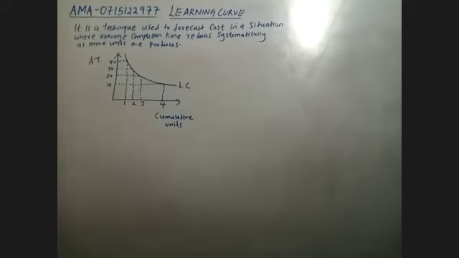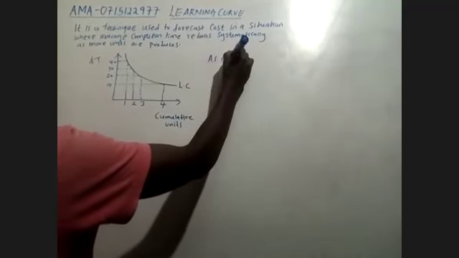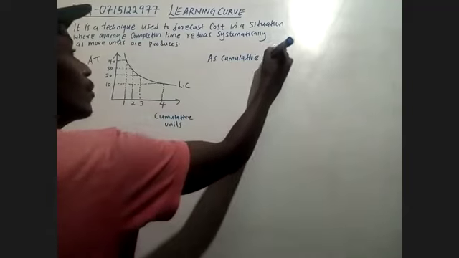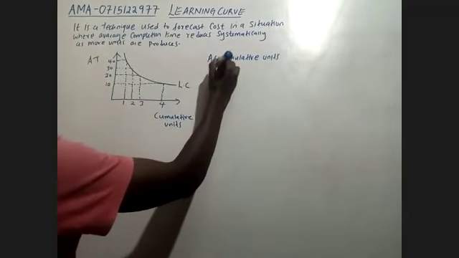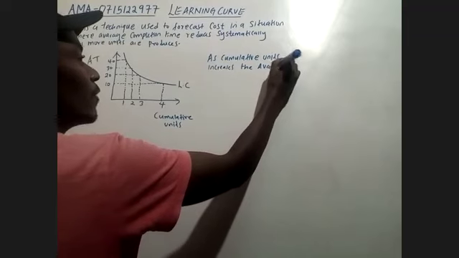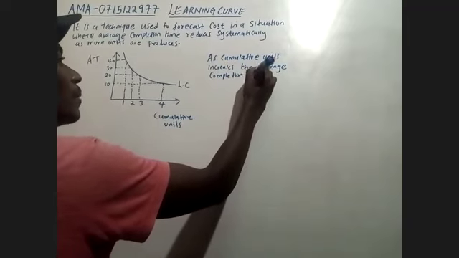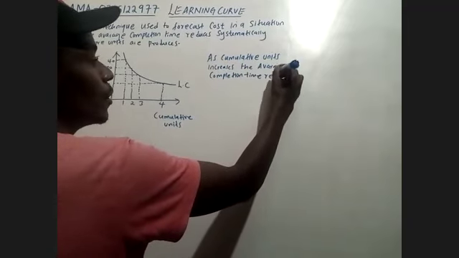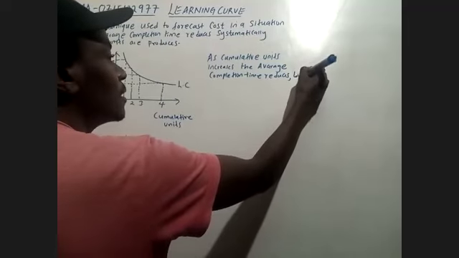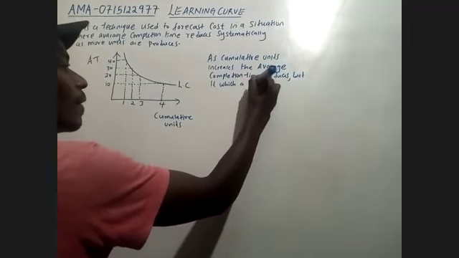And now we can write this and say: as cumulative units increase, the average completion time reduces, but it will reach a stability point.